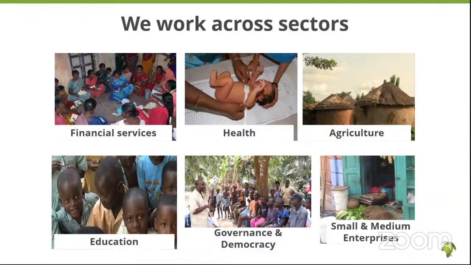Some of the institutions that fund our work include the Gates Foundation, USAID, Echidna, among others. If you go on our website, you'd find lots of information on who we're working with, where we're working, and who is funding our work.